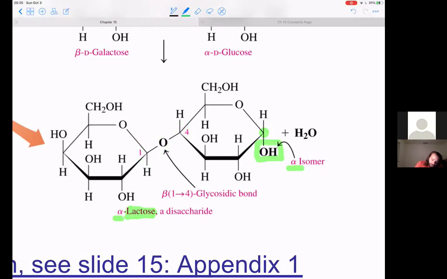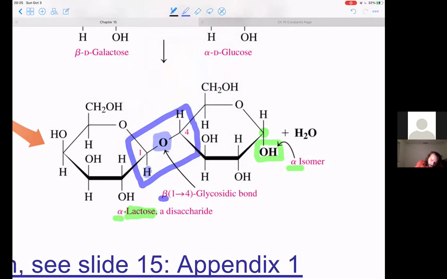The other thing that's going to be really important is the glycosidic bond, which is here, okay? This is a beta glycosidic bond because the anomeric carbon, or what was formerly the anomeric carbon, was the beta isomer. That OH group is pointed up. Notice that the hydrogen's pointed down, so that was the beta isomer.